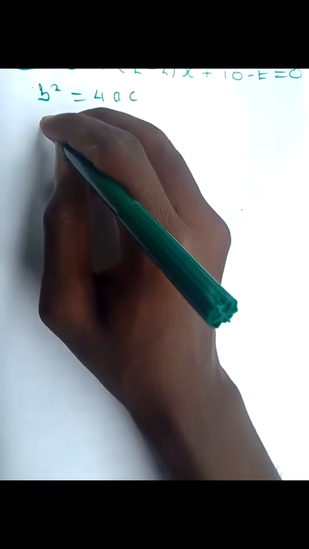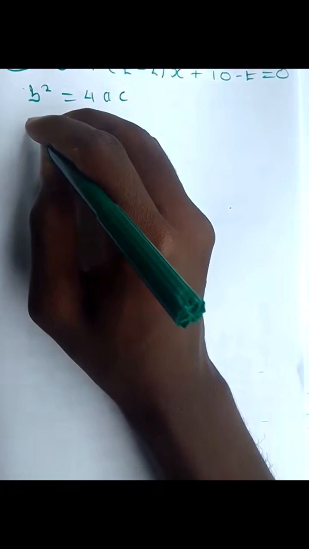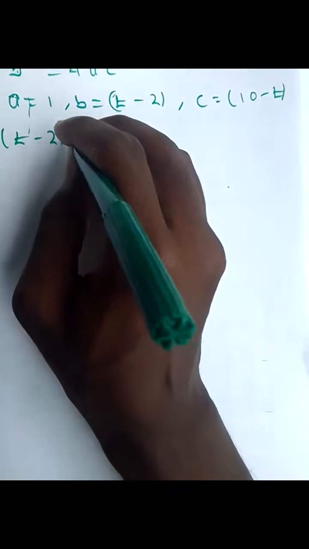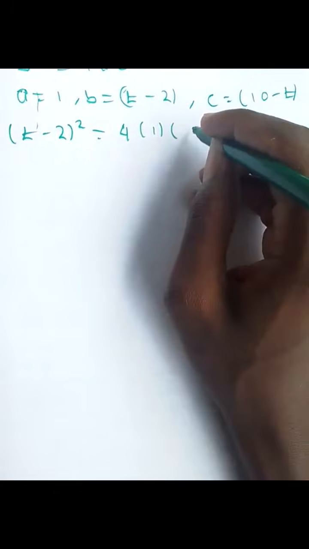So if it has equal roots, we use this equation, b squared equals 4ac. Where a is 1, b is what is coming in front of x, that is t minus 2, and c is what is here, which is 10 minus t. So for b, I'll say t minus 2 power 2 is equal to 4a. Where is a? I'll put 1, and then c, I'll put 10 minus t.